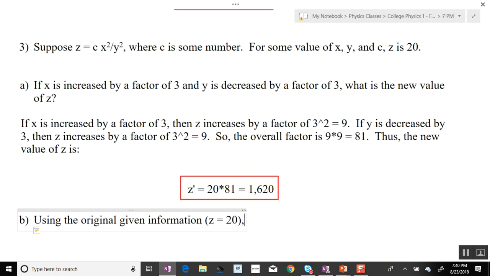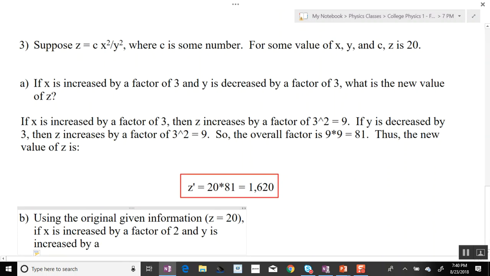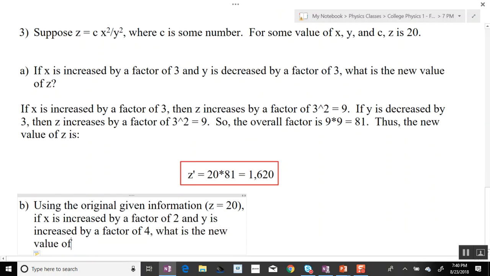If x is increased by a factor of 2, and y is increased by a factor of 4, what is the new value of z?